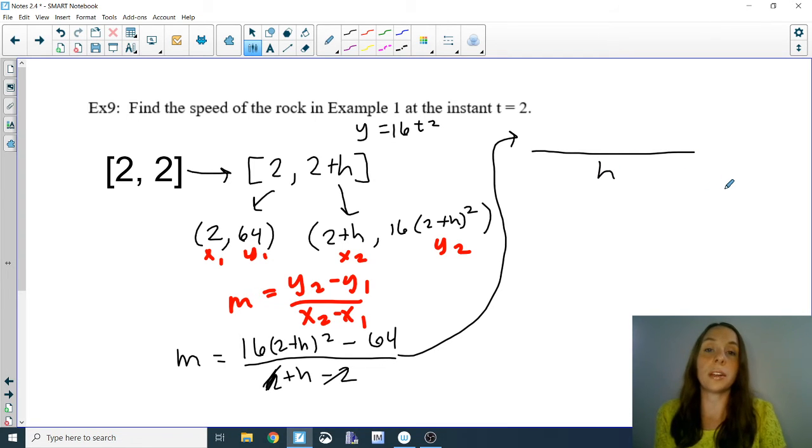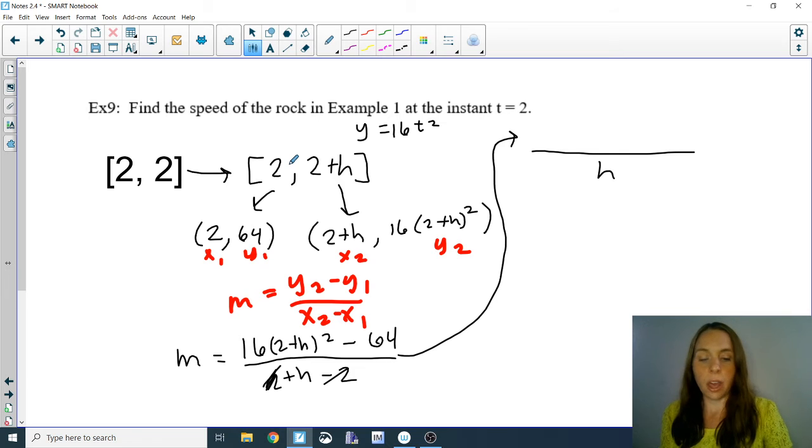And that's always going to happen, by the way. That you're just going to end up with an h in the denominator. So when I finally show you this formula that we're going to be using, I mean, we're developing the formula, but I'm going to show you on the next slide what the formula actually looks like. You're going to see in the denominator just an h, because that x2 minus x1 always simplifies to h.